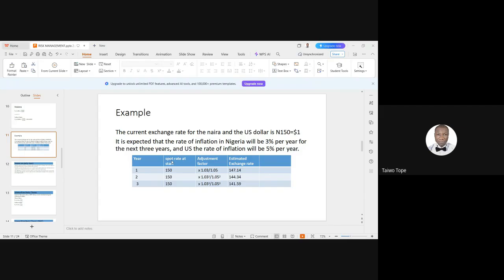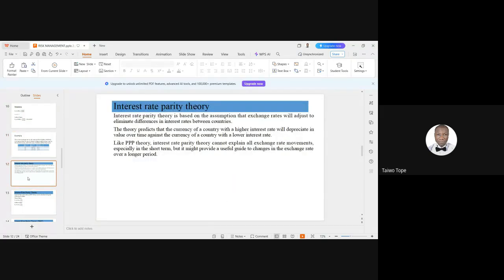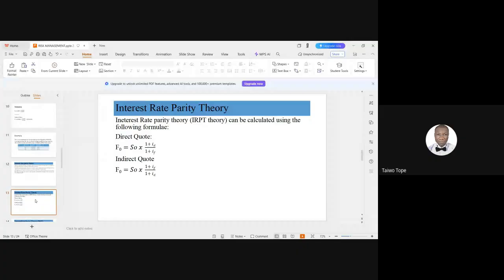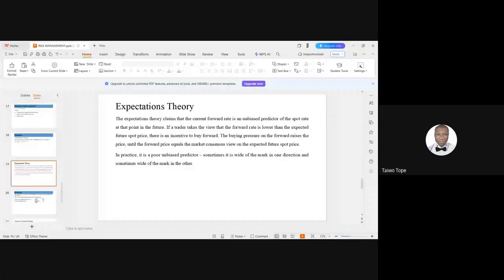When we are looking at forward contracts, there are steps involved to solve questions on them. Let me write them out because I don't have them here. Steps involved to solve forward contracts.